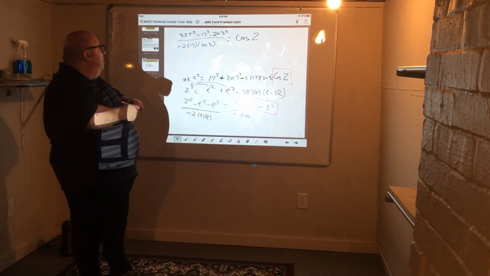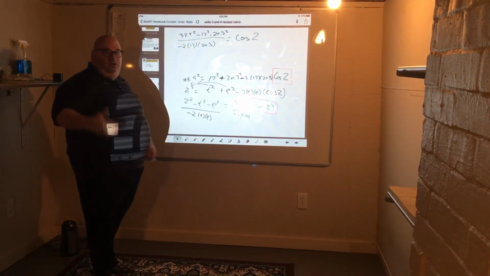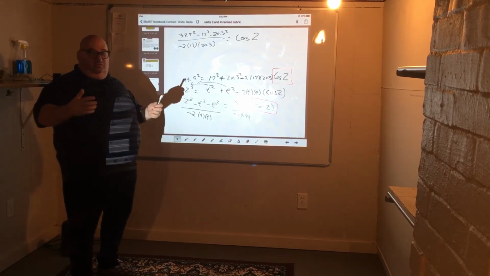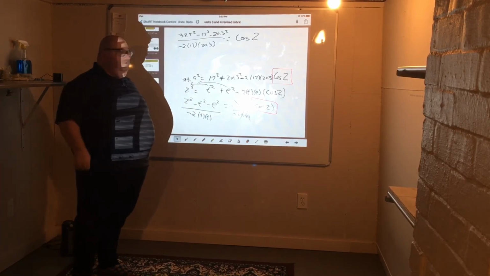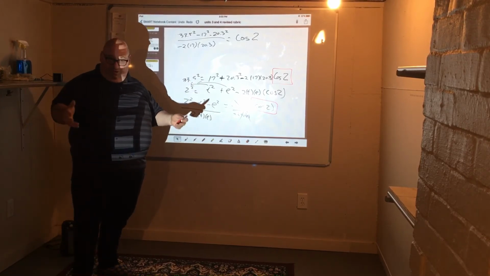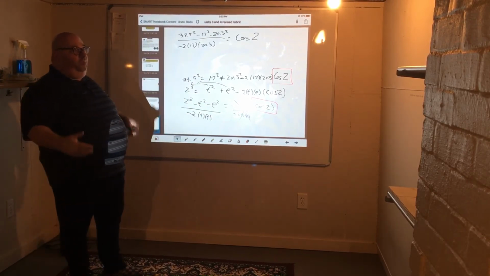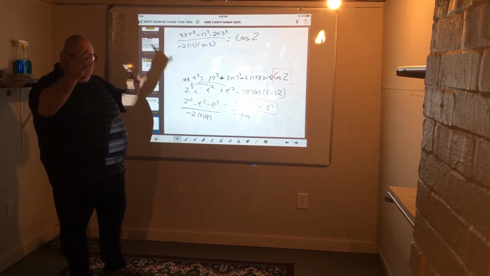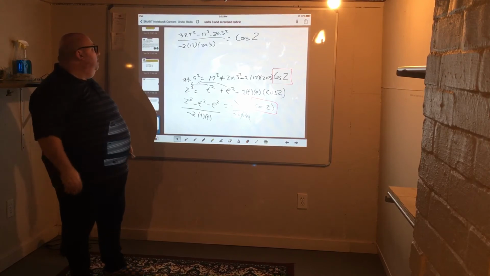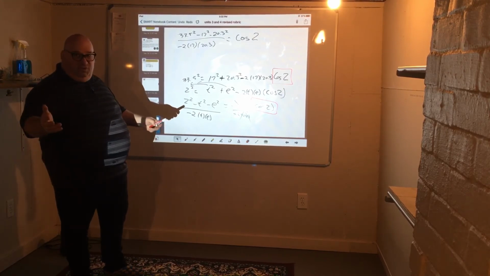So, you have to remember that your calculator is not that smart, okay? It's only as smart as the person putting in the values. Depending on the calculator, some calculators can handle doing multiple operations with brackets and everything else, but really it relies on the person that's typing it in.